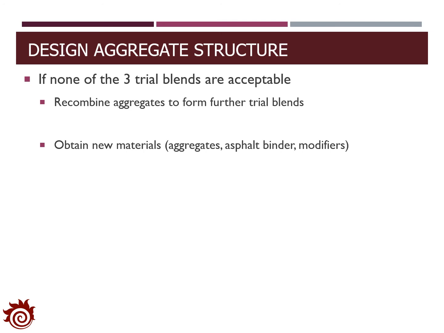We can either recombine the aggregates to form further trial blends so that they can satisfy the criteria, or we can obtain new materials such as new aggregates, asphalt binders, or modifiers. With those, we are trying to make sure that the aggregate structure will satisfy those requirements.